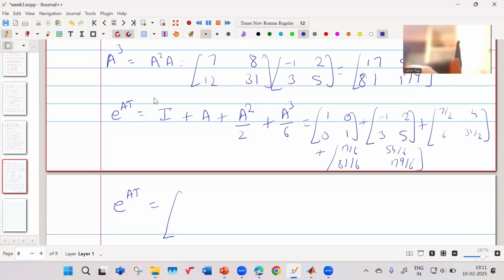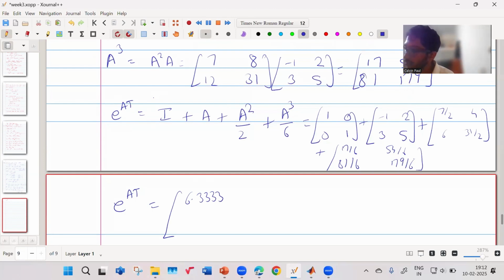Using the calculator: 1 minus 1 plus 3.5 plus 17 upon 6 comes to 6.3333. Then 0 plus 2 plus 4 plus 54 by 6 comes out to be 15.